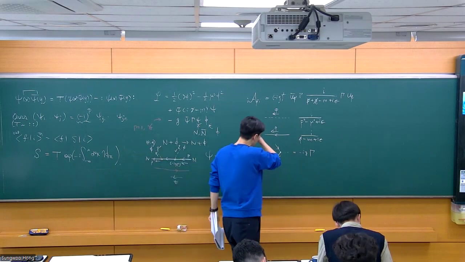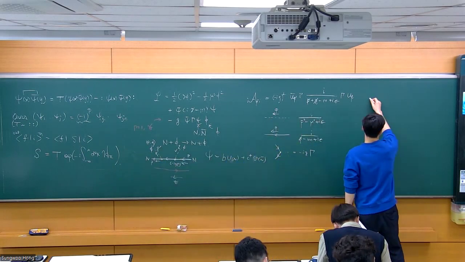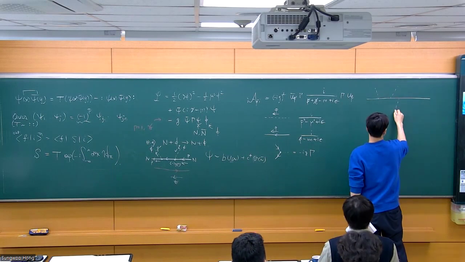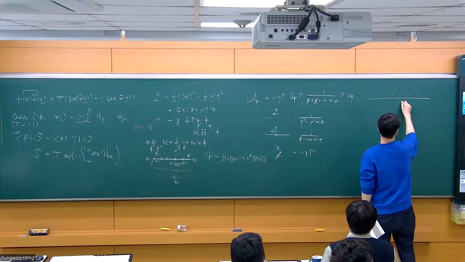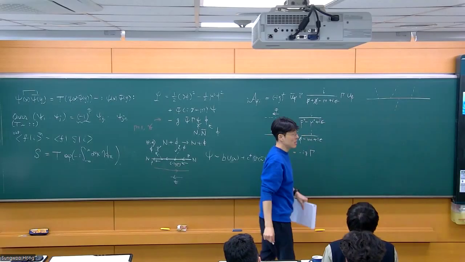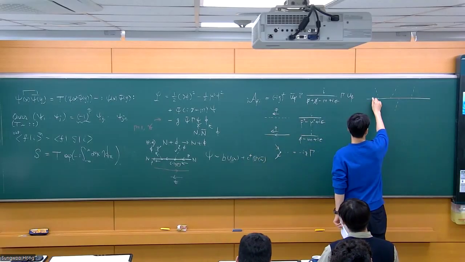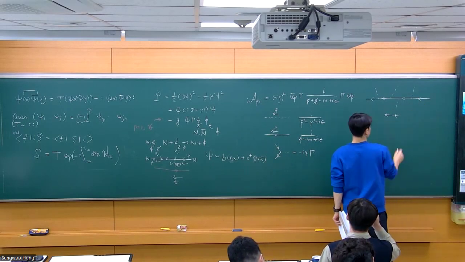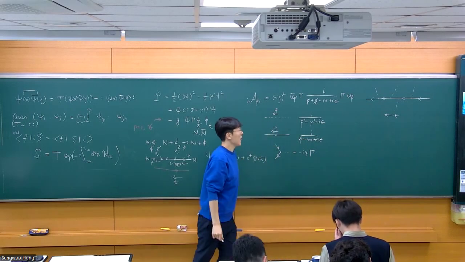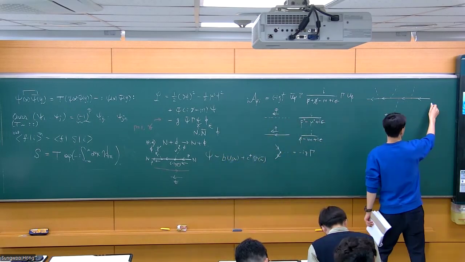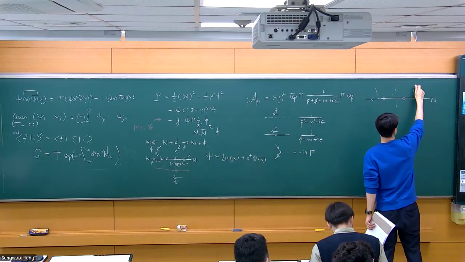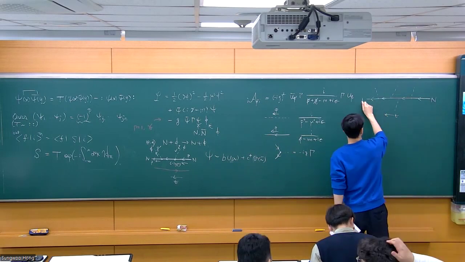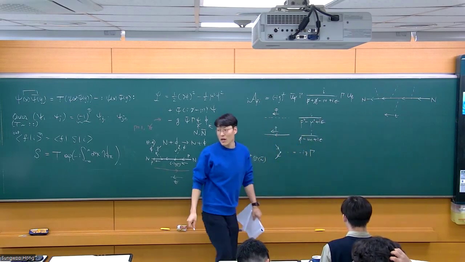And finally, suppose I look at some horrendous diagram with many scalars coming up like so. I don't know how many in between, doesn't matter. And suppose I have a charge flow like so, and this is my direction of time. So this process describes some nucleon colliding with some scalar, maybe 2 scalars, and it comes out with 2 scalars, and another nucleon comes out, right? If you follow the time direction.